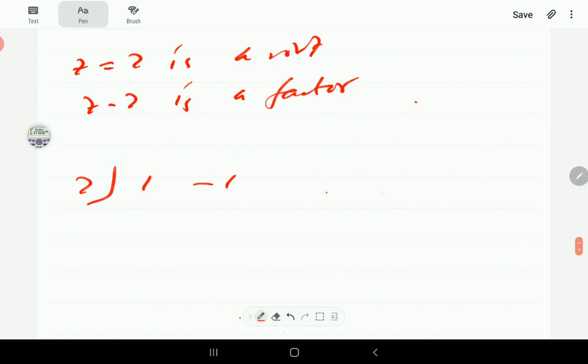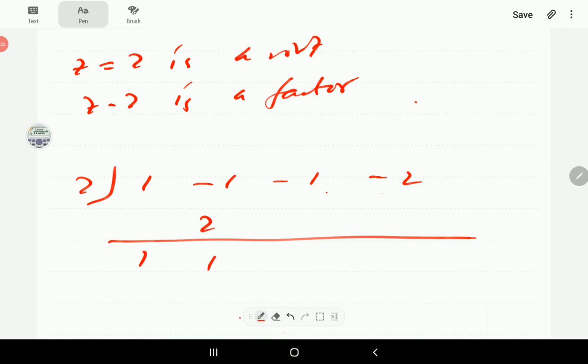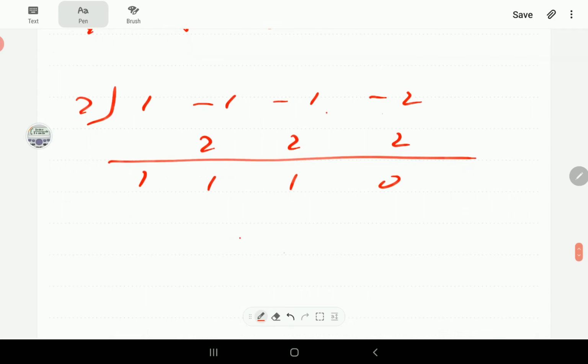So 1, minus 1, minus 1, minus 2. So we bring down 1, we multiply by 2, we add, we multiply by 2, we add, we multiply by 2.